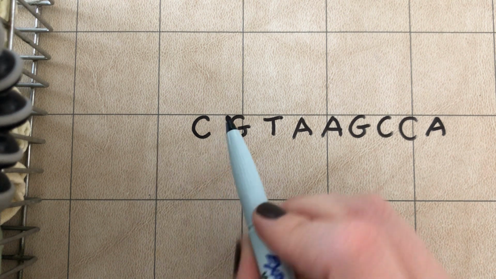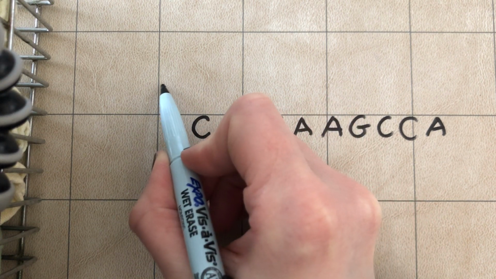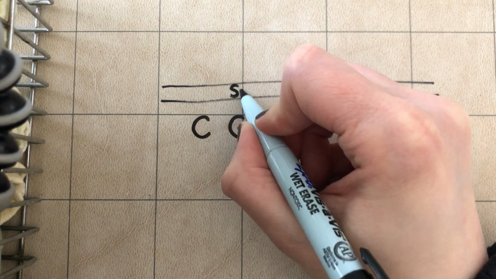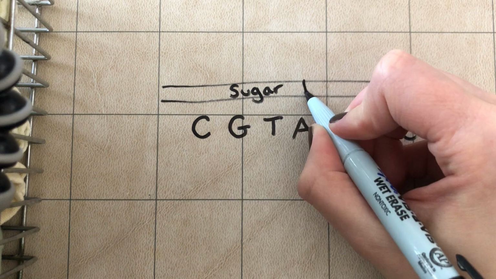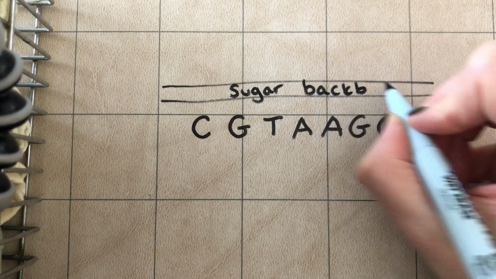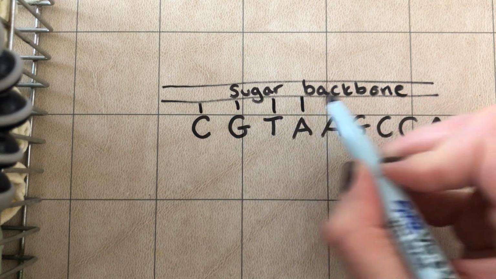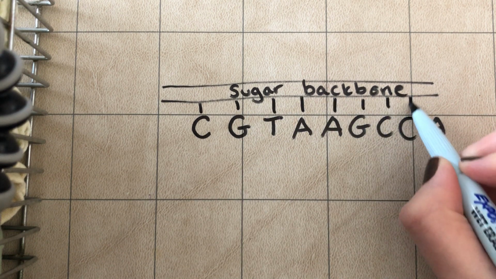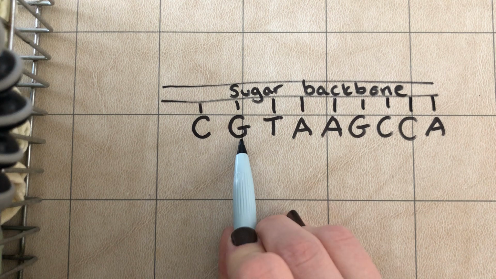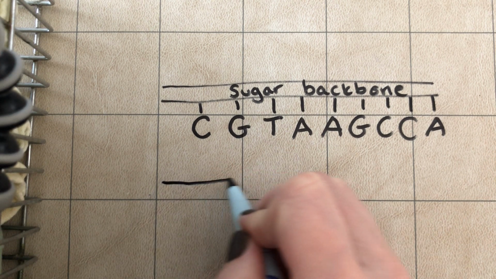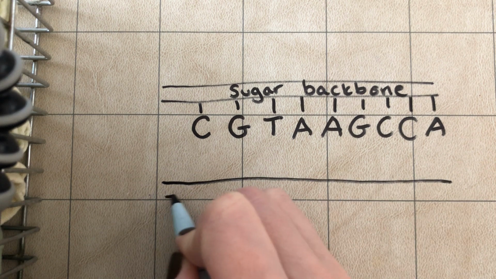So remember that the structure of our DNA is that we have this sugar backbone, and linked to that, we have these bases. The four letters for the bases are C, G, T, and A. But DNA has two strands.